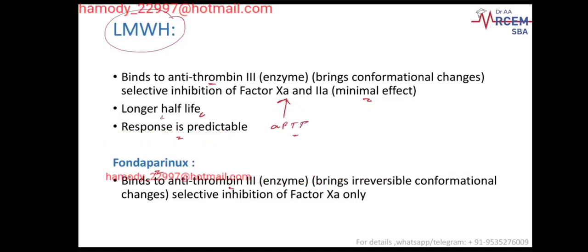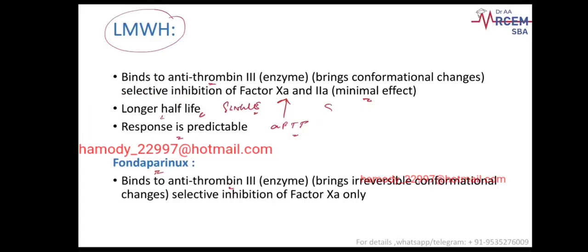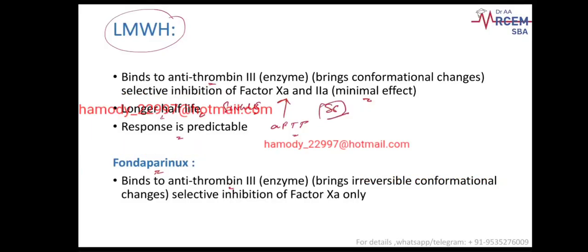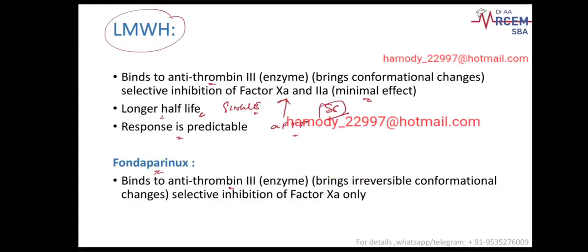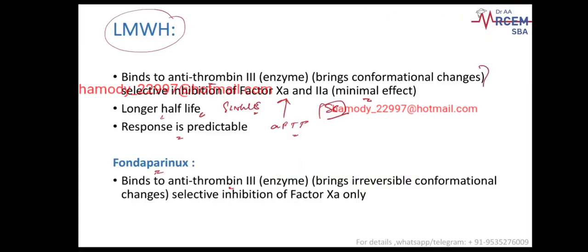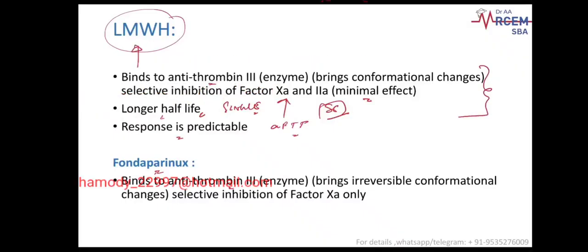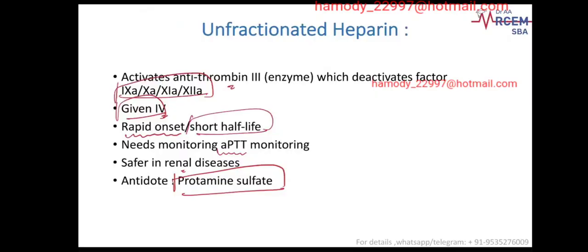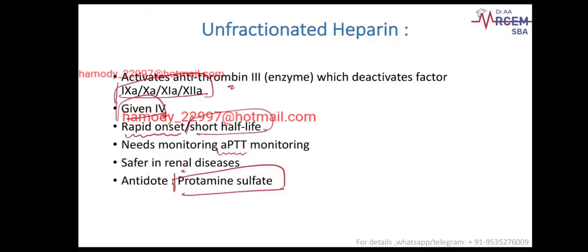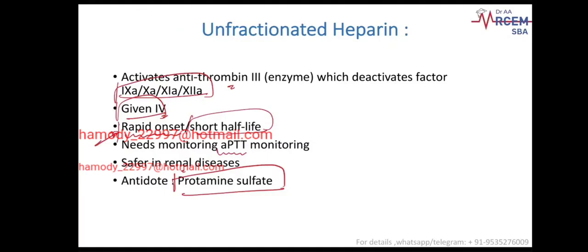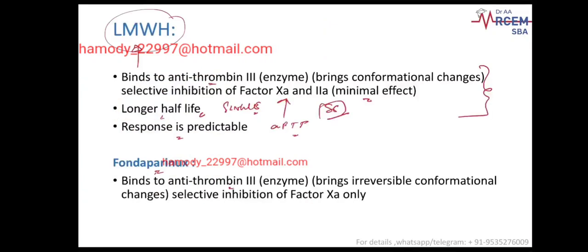A single dose can be given subcutaneously, and it doesn't require any monitoring. That's why if you want to discharge the patient, you usually discharge on a low molecular weight heparin. In the emergency department, you want a drug that shows its effect rapidly, meaning a rapid onset should be present. Then you go ahead and select unfractionated heparin.